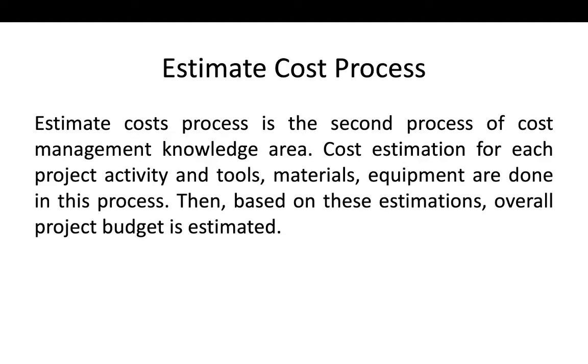Now in this step, we will do the cost estimation of those tools, also of what type of material and equipment will be used. After getting the estimated cost of all the tools, equipment and materials, from this we will find out the overall cost of the project, or the budget of the project.